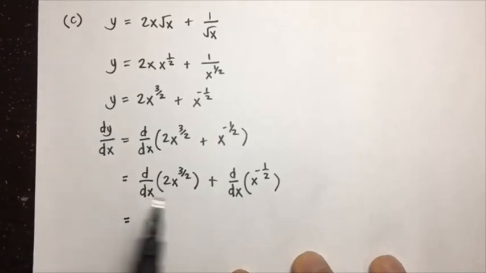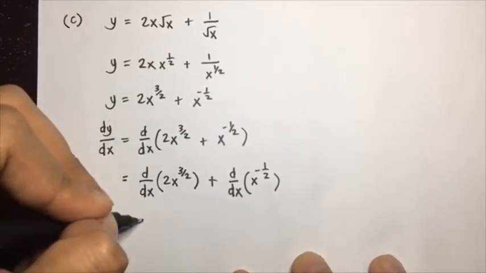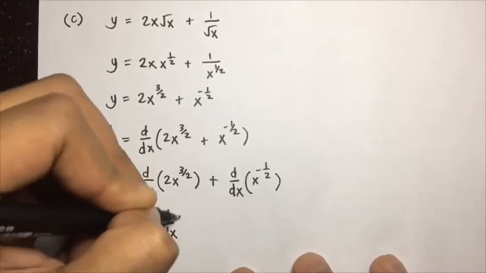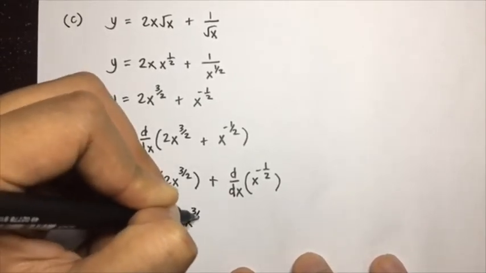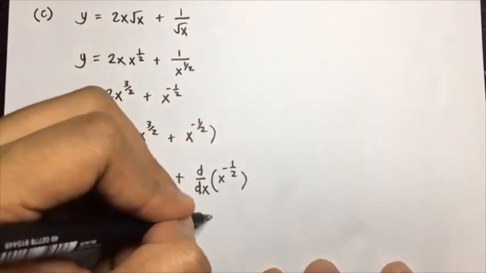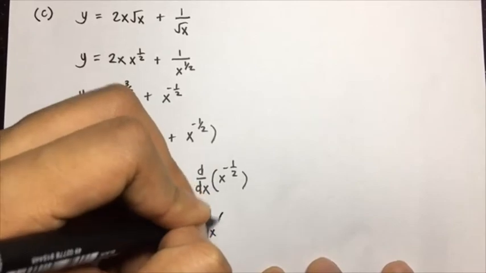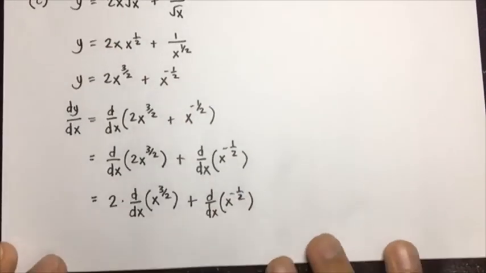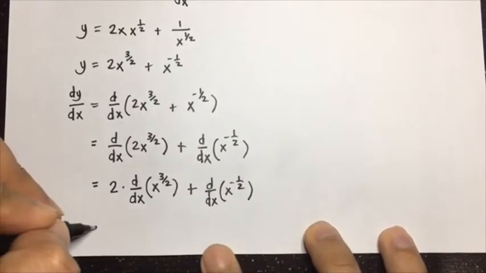Since we have a numerical coefficient, we copy. So, 2 times d over dx of x raised to 3 halves plus d over dx of x raised to negative 1 half. Okay, so we can now derive.